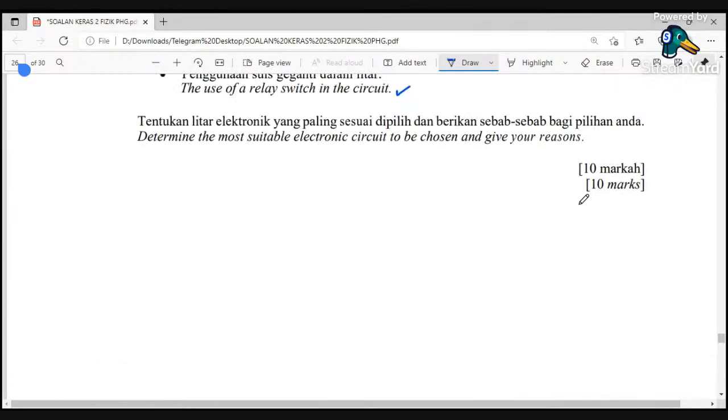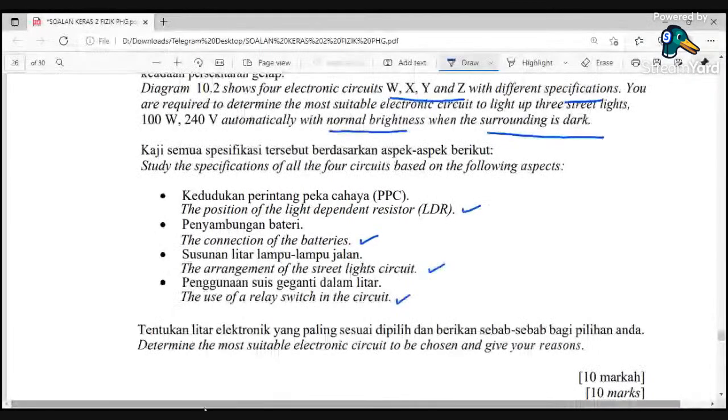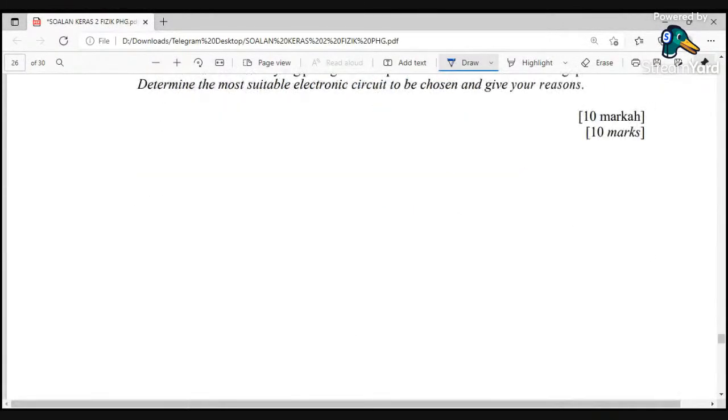Apa yang you nak discuss dalam jawapan, dia sudah list di sini: position of the light dependent resistor LDR, connection of batteries, arrangement of street light circuit, use of relay switch. So I will just discuss what is listed here only, or what we have in the diagram. Okay, table form again.